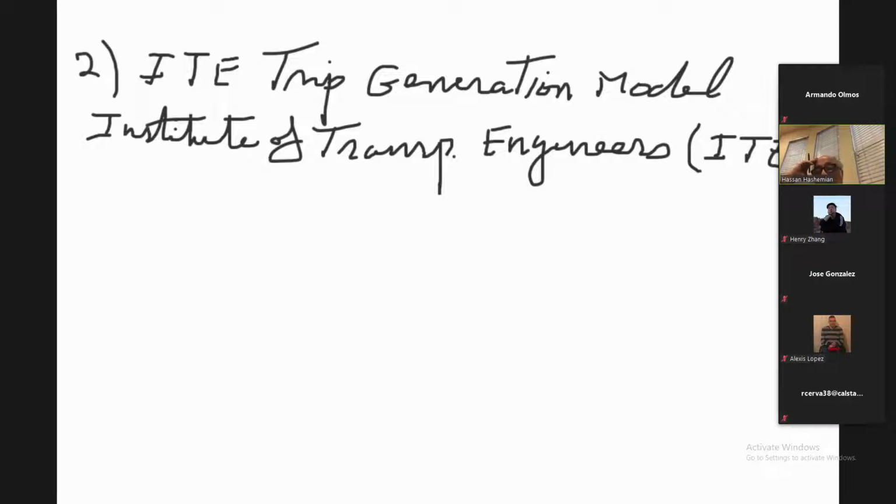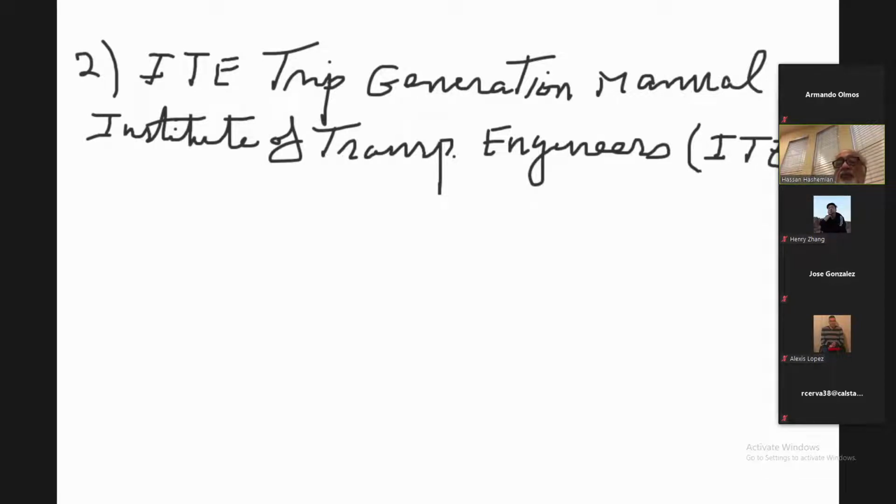One of the publications that ITE has is called the ITE Trip Generation Manual. This is a manual, I'm sorry. The Trip Generation Manual is actually a very thick, big book, where all the trip generation rates are there.